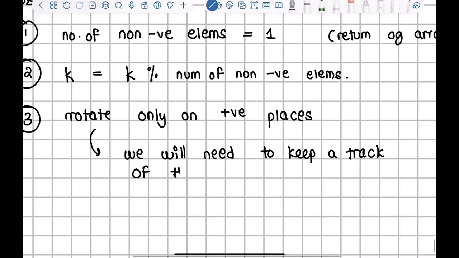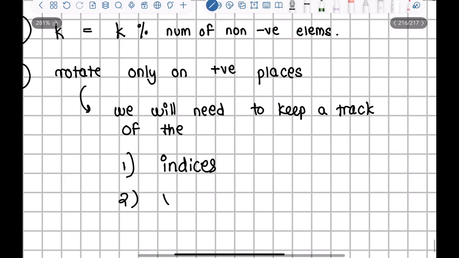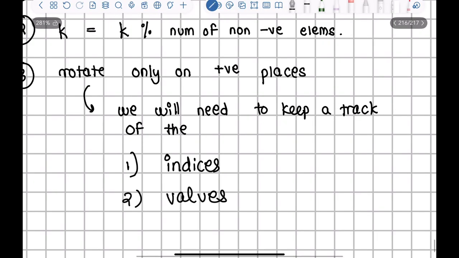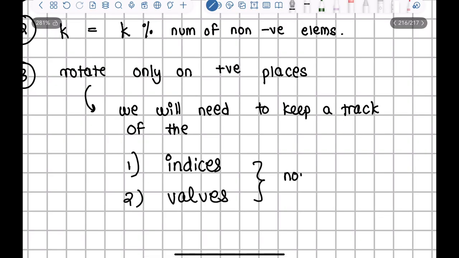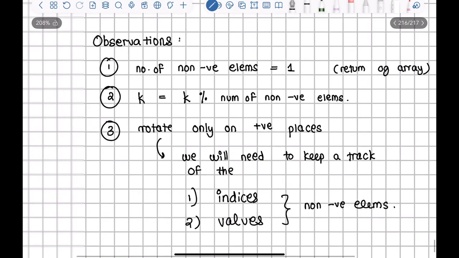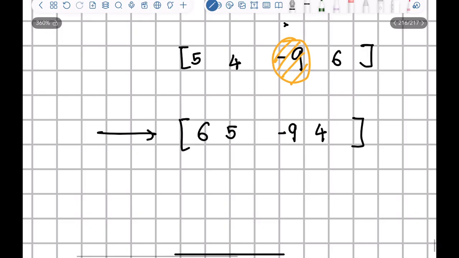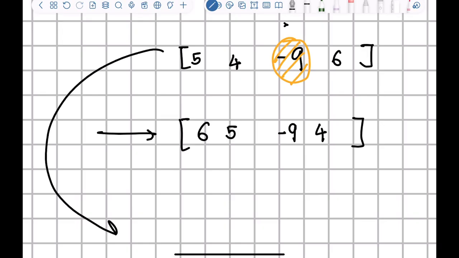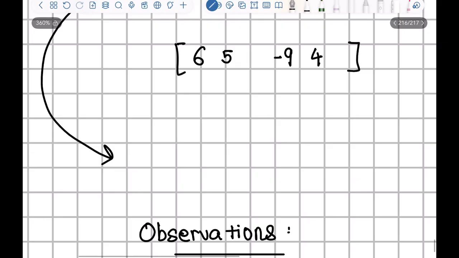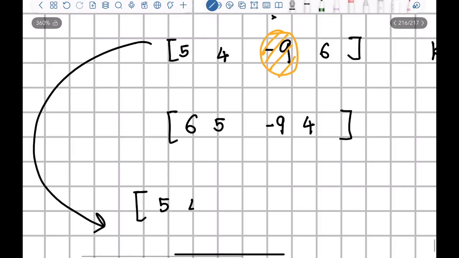of the indices and values. We will need to keep a track of indices and values of the non-negative elements, right? Because if you see what we're essentially doing here is that we are rotating 5, 4, 6.